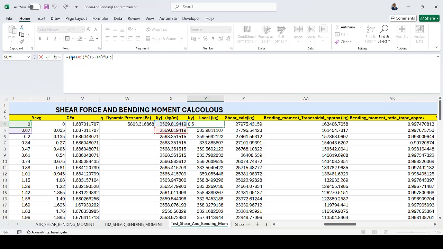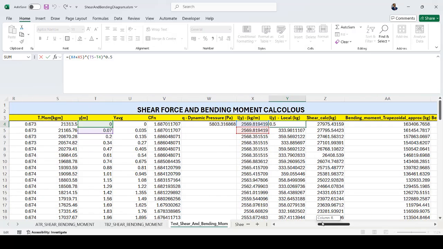If you see this formula, it is x4 plus x5 times the difference t5 minus t4 times 1/2. Who are these quantities?